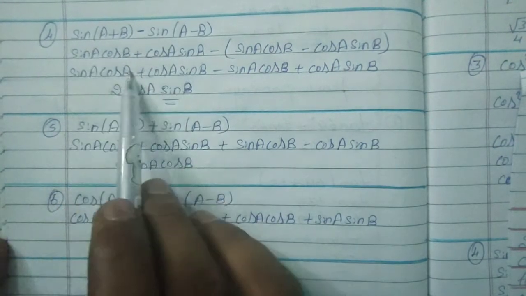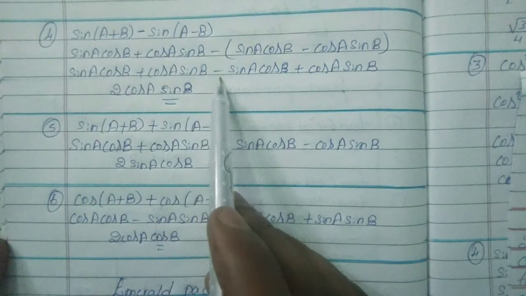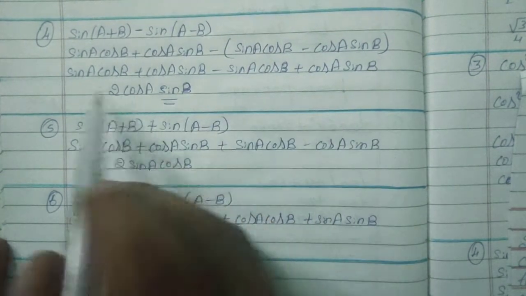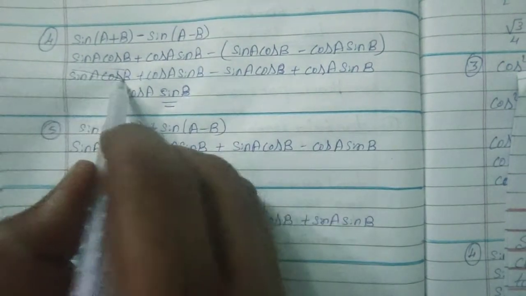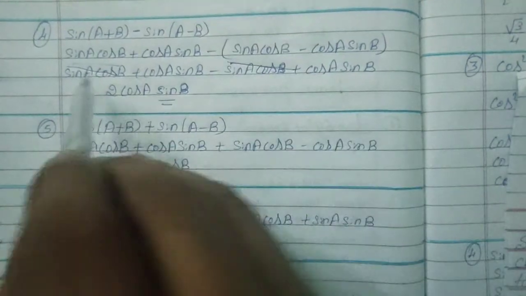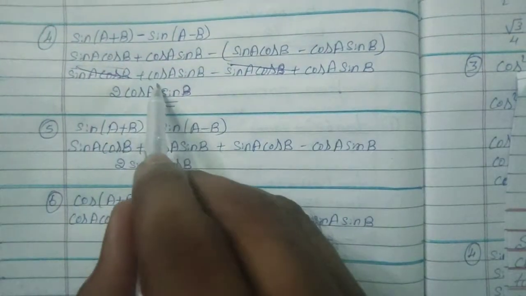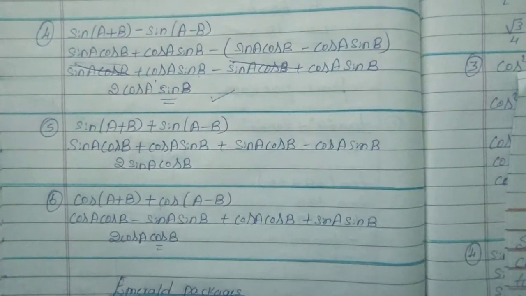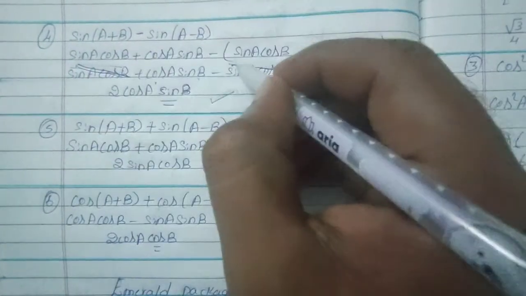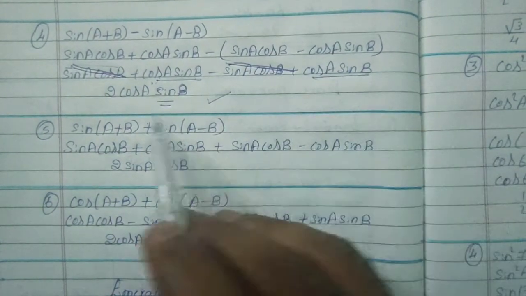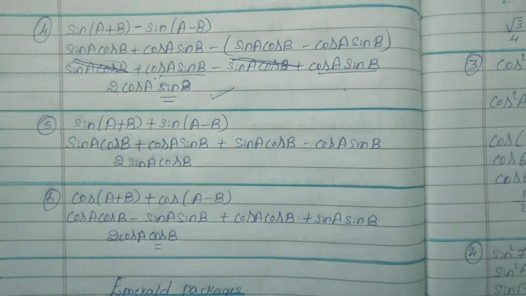This sin A cos B as it is, plus cos A sin B as it is, minus sin A cos B, minus into minus is plus cos A sin B. Now this sin A cos B gets cancelled. So what is left? Cos A sin B, cos A sin B. So 2 times cos A sin B is left. When you divide, these two get cancelled, remaining cos A sin B. So the sum is 2 cos A sin B.